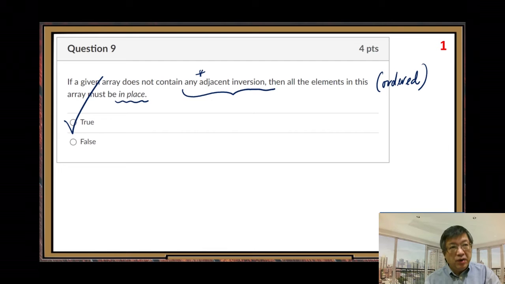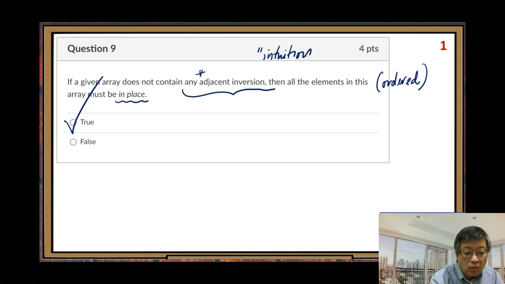If you only answer this question based on your intuition, your real life experience, that is not enough. You need some knowledge.